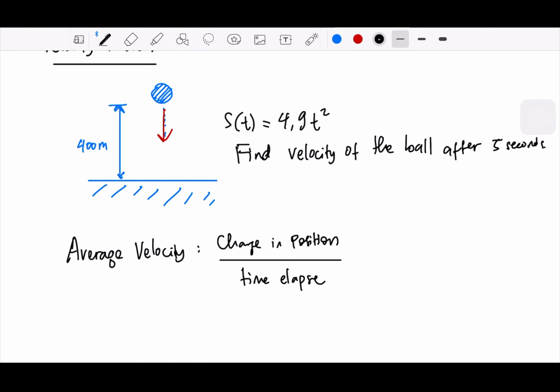So it's based on the function, right? But the problem here, okay, so there's a problem actually here.